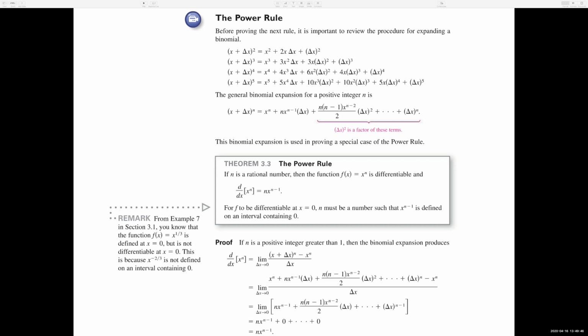So then all the terms left in the numerator have delta x. That's why you can cancel the delta x in the denominator. And then after that step, you can just plug 0 into the function to get the limit. And the result is going to be n times x to the n minus 1, which is the derivative of x to the n.